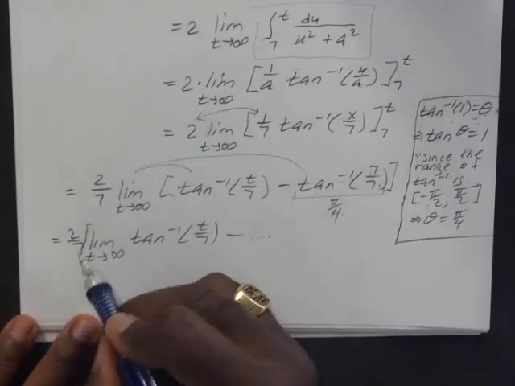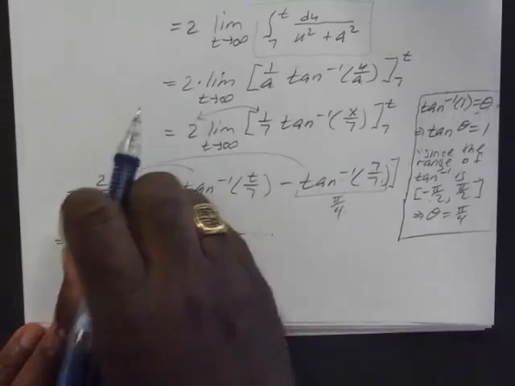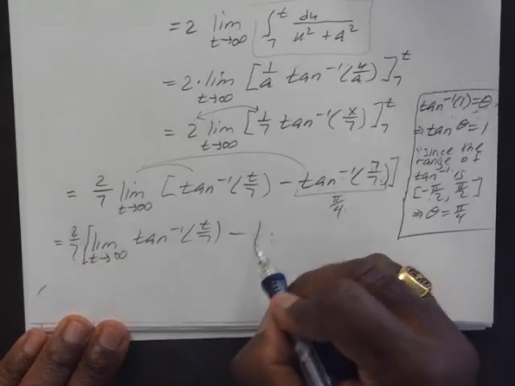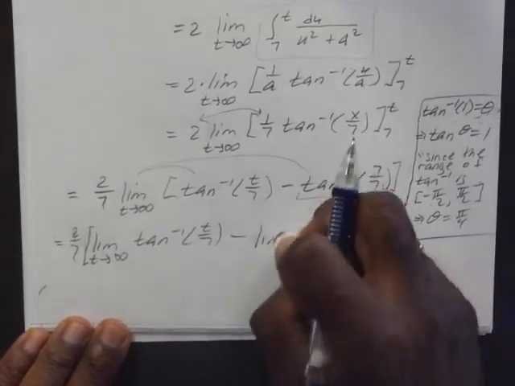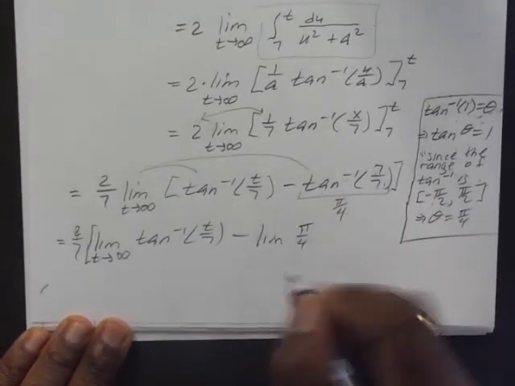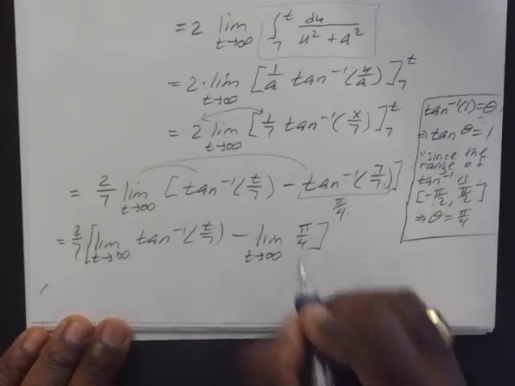And I'll just factor out that 2 over 7 still, just to keep from having to rewrite it over and over. So 2 over 7 times the limit of pi over 4. Forgot we already solved that one. As t approaches infinity.